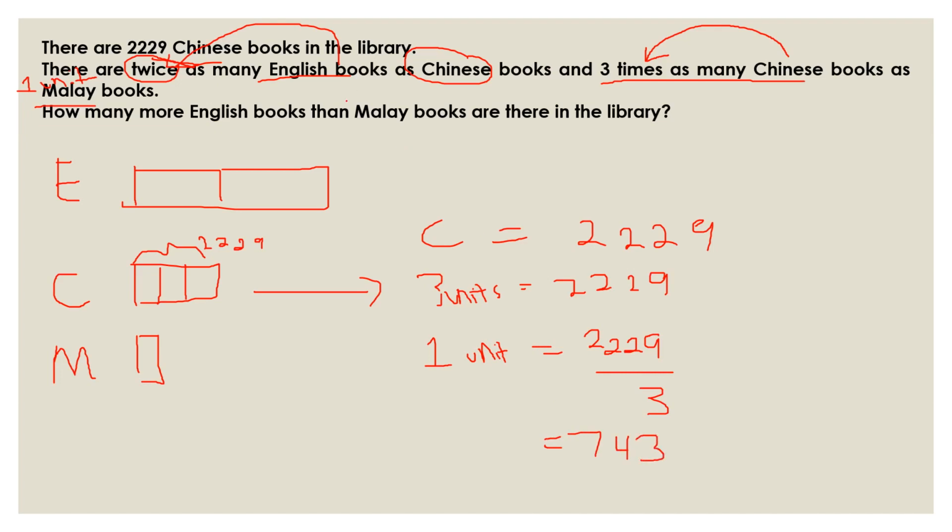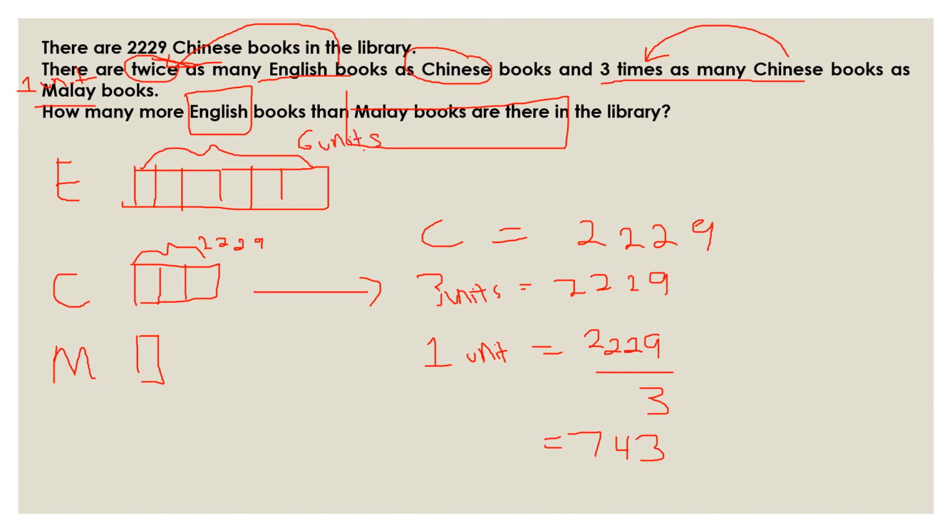Then we have to compare the Malay to the English books. Don't forget, you have to cut each unit in the English books into 3 equal parts. So there are 6 units here in the English books.